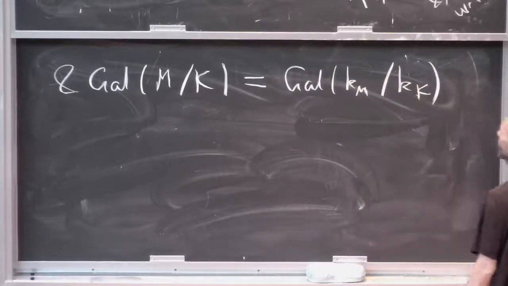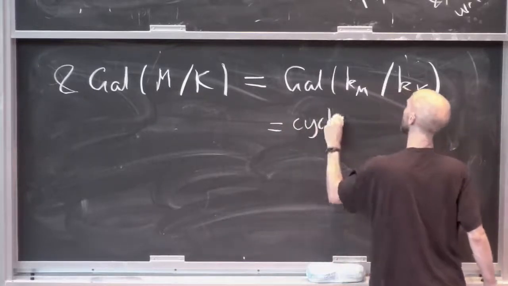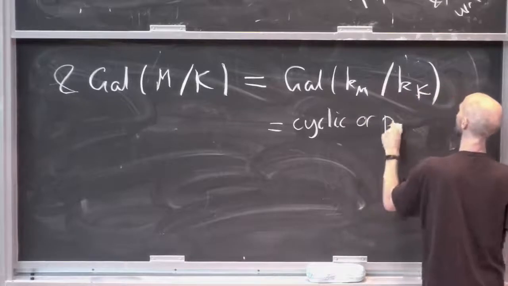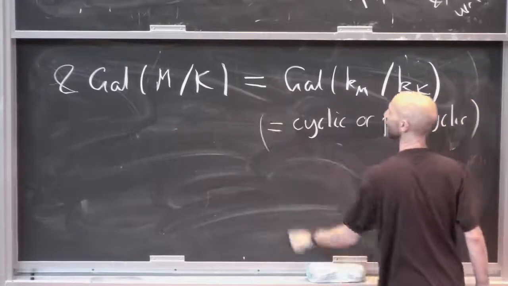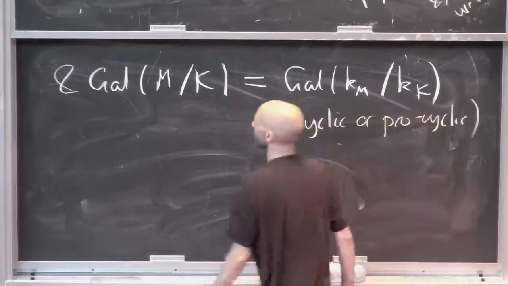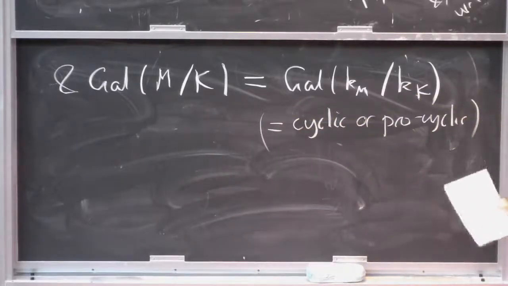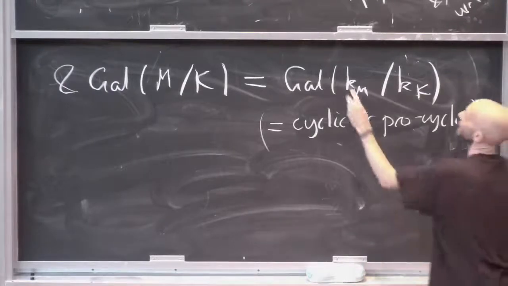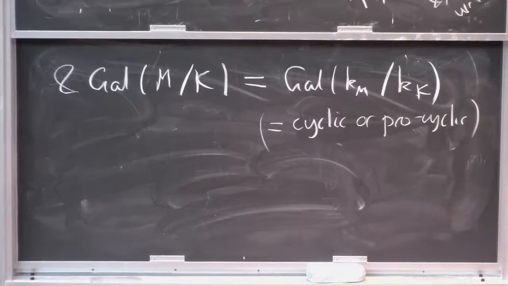You see, unramified extensions are all Galois, and this is going to be cyclic or procyclic, right? Even if L over K is Galois, we haven't said anything about Gal L over K yet because we've got this big ramified extension to deal with, but at least that's something.